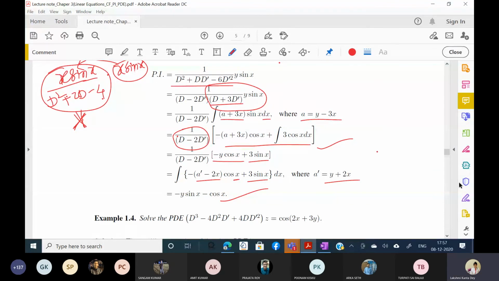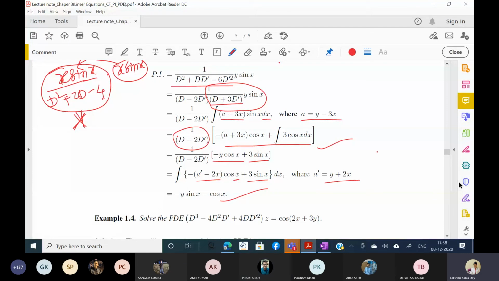Actually, after integrating, we have to put the value for a, or the value for a dash, whatever it is coming. Clear? Yes, sir. Okay.